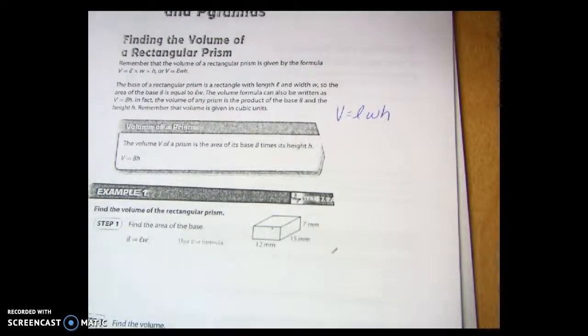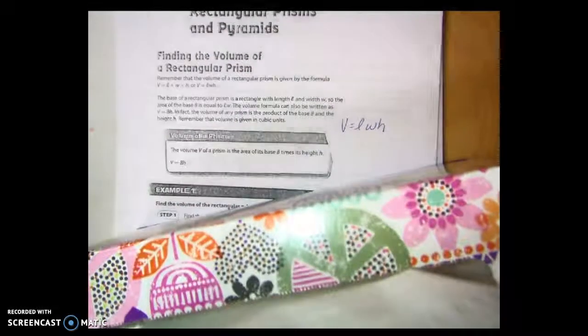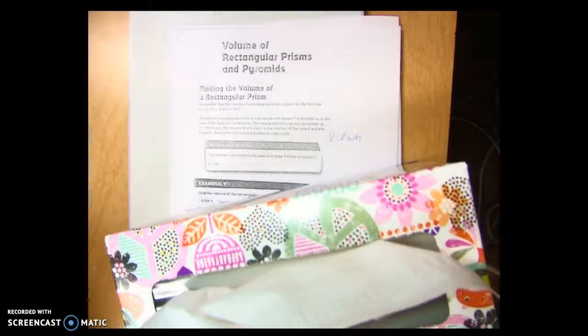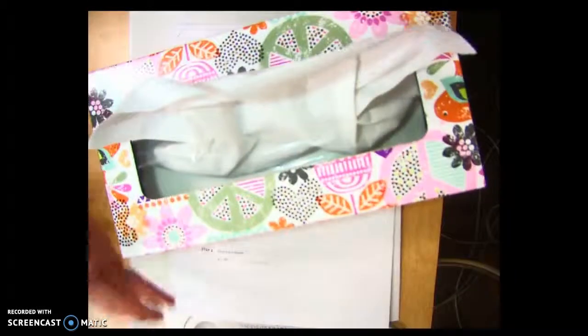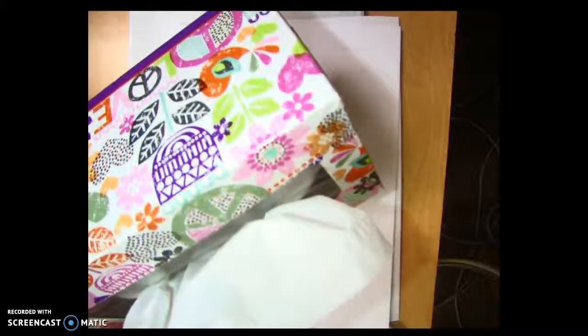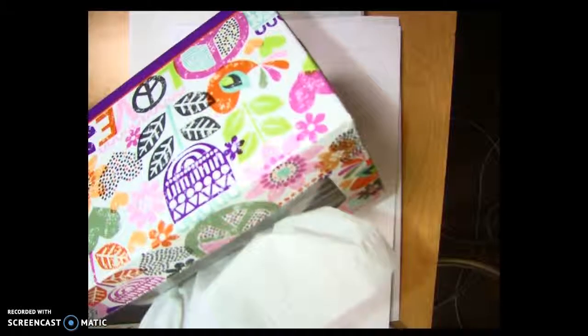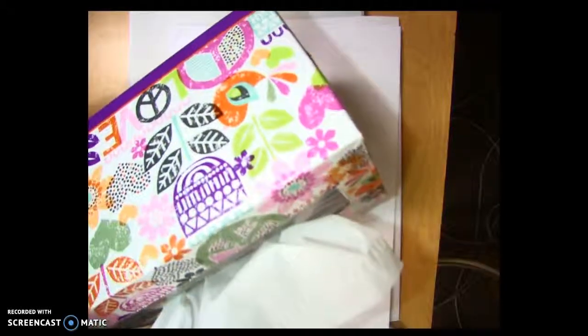And what we talked about today in class is, let's say you have this Kleenex box. If we're wanting to find the volume of that, that means I want to know how many cubes it would take to completely fill up this Kleenex box.